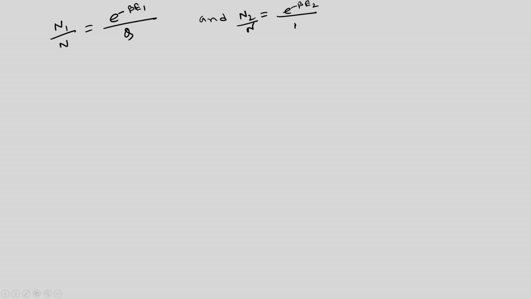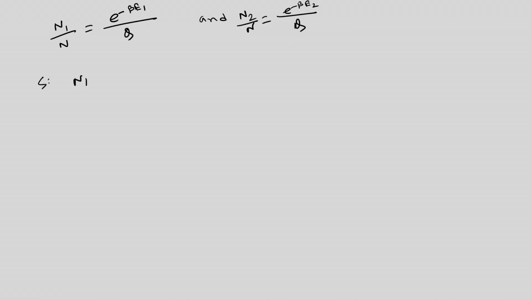Okay, so N1 by N is e to the minus beta E1 by Q. Q is the partition function, and N2 by N is e to the minus beta E2 by Q. Okay.